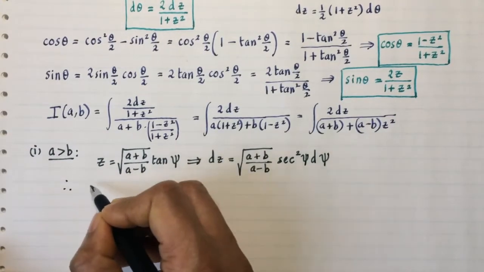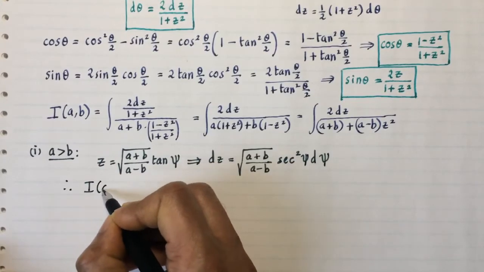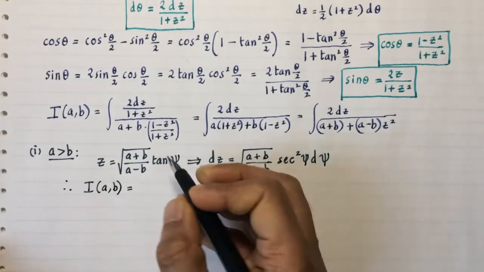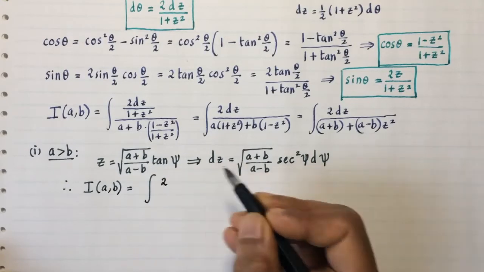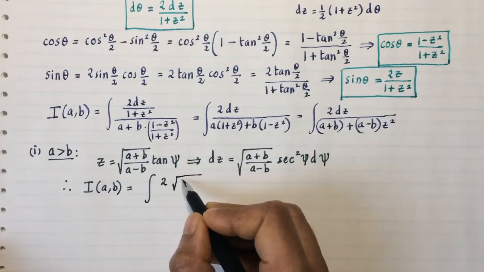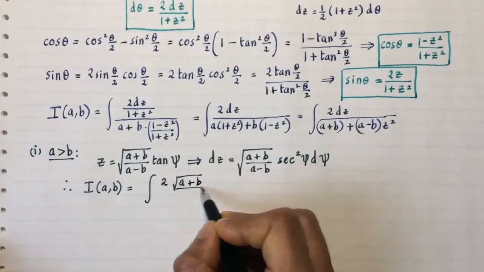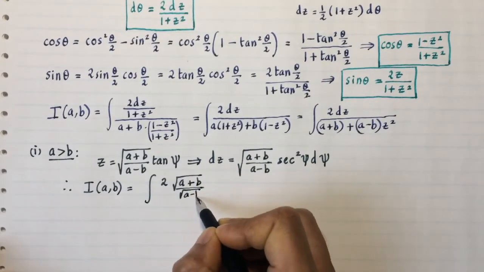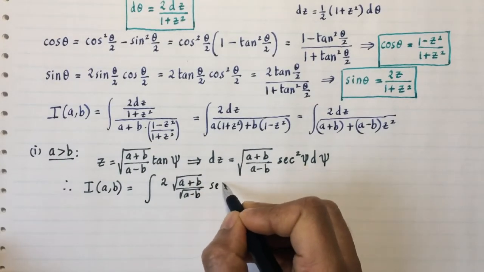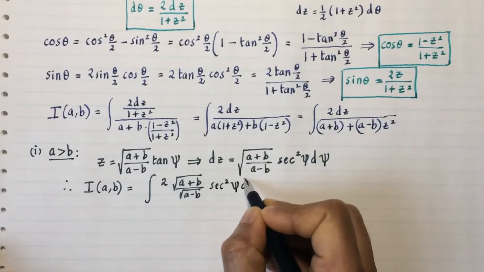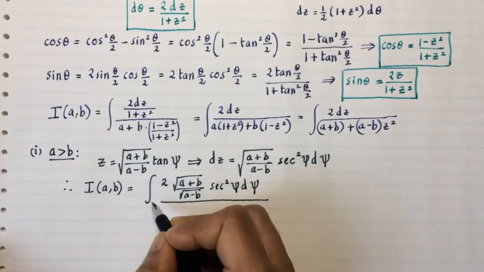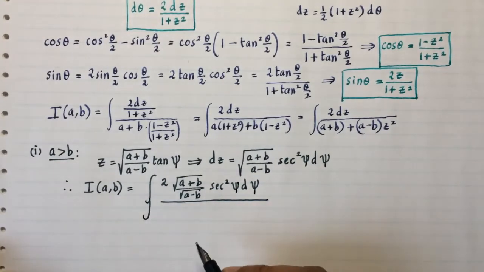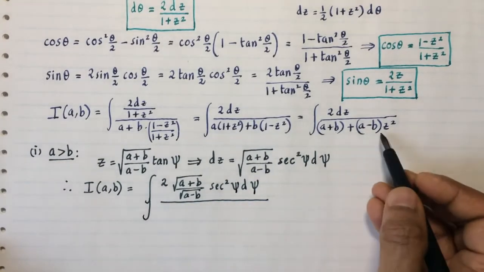The integral gives me two times the square root of a plus b divided by the square root of a minus b, secant squared psi d psi, divided by all the other things.